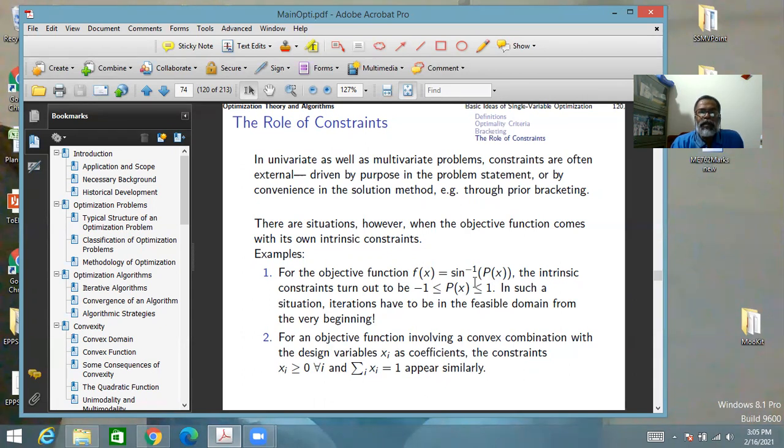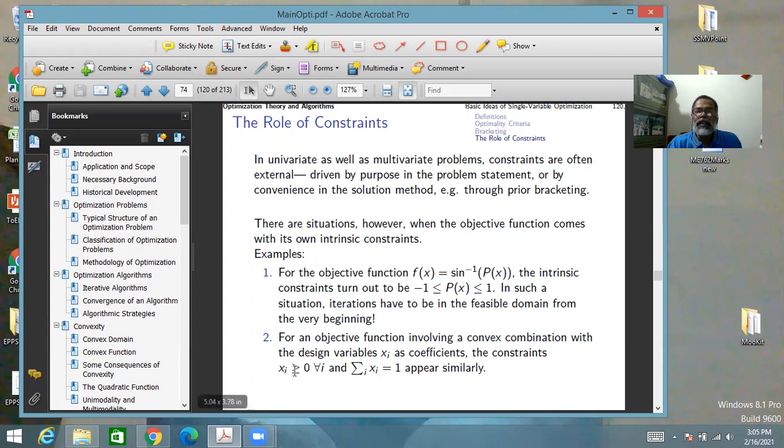There are other situations where you could evaluate the function, but the situation of the problem dictates that some constraints come with the function itself. For example, think of the objective function involving a convex combination. We have seen convex combination earlier in the discussion of convexity, with the design variables xi as coefficients, x1, x2, x3, x4, etc. are the coefficients of the convex combination.